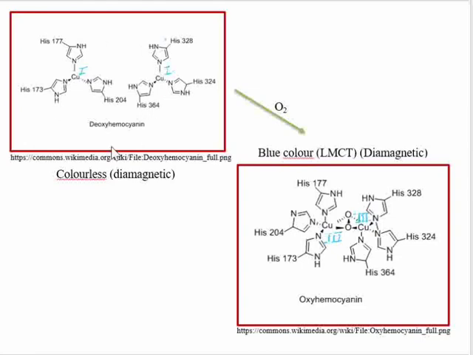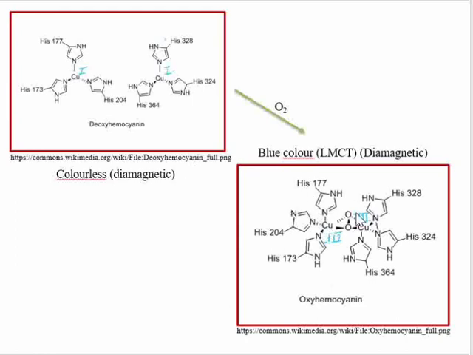This is the structure of deoxyhemocyanin, where you will find 2 copper centers with the +1 oxidation state and 3 histidines around each copper center. And this is colorless and diamagnetic in nature.